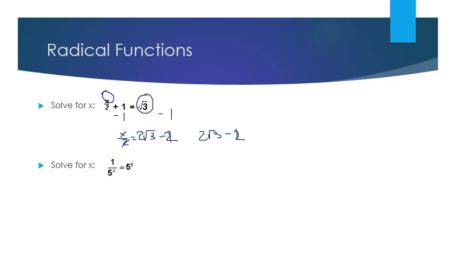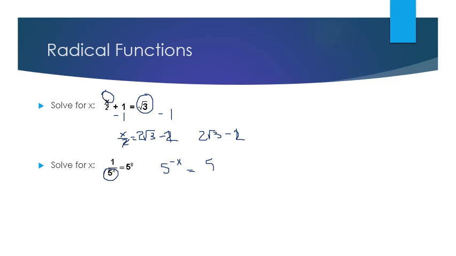What about this other one? It says 1 over 5 to the x equals 5 to the 8th. Well, let's see what I can do. Because I know that a fraction is made when an exponent is negative, if I want to get rid of the fraction, I can flip this upside down and write it as 5 to the negative x.